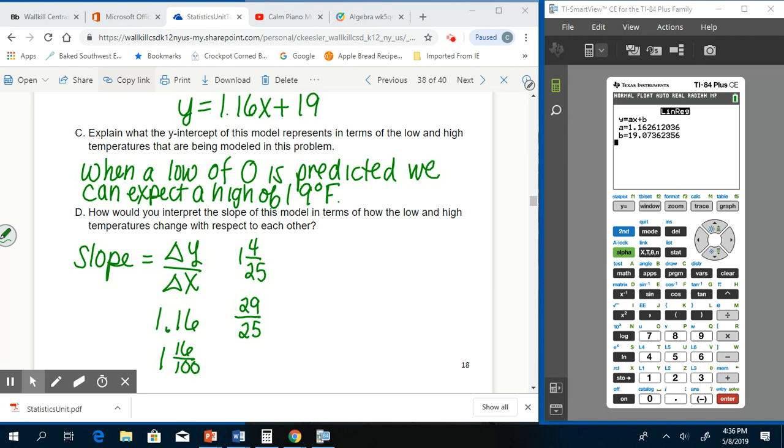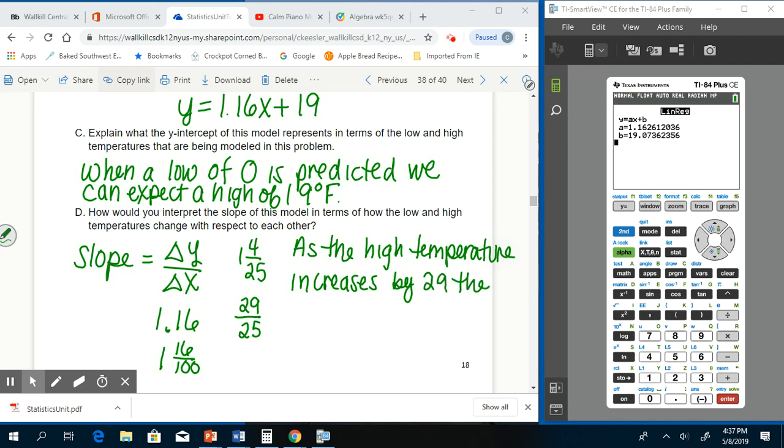So we could say as the high temperature increases by 29, the low increases by 25.